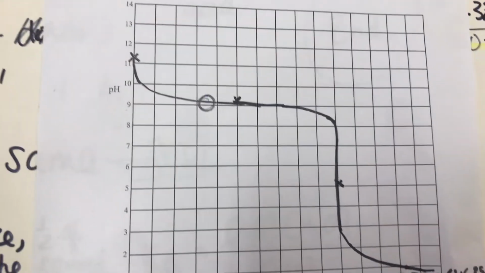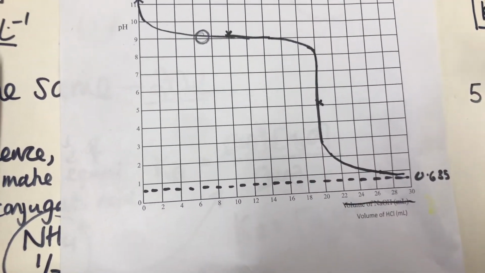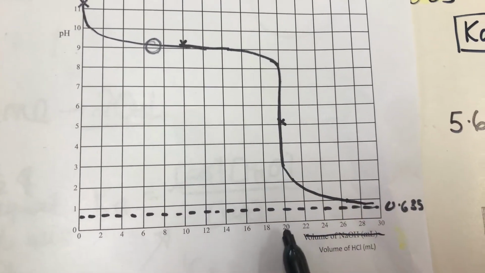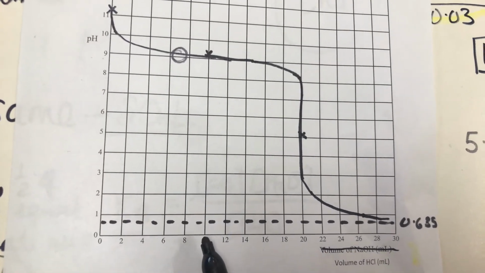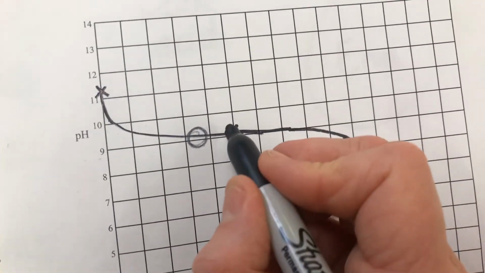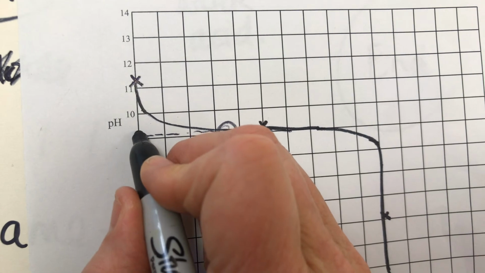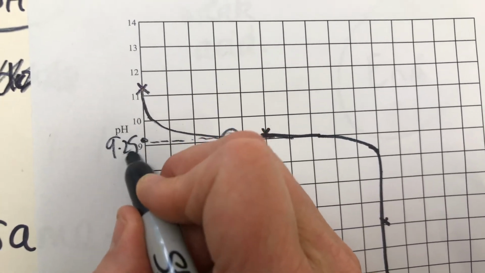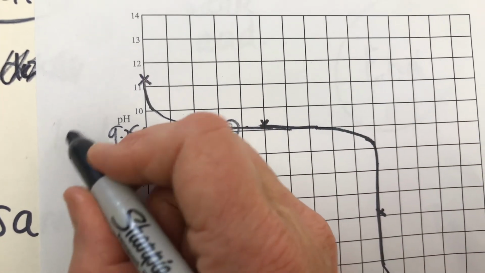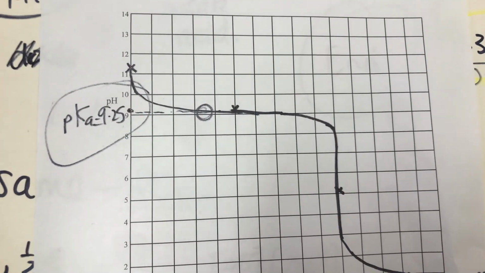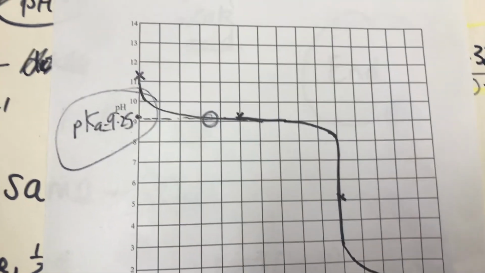So if I had a question where they did not give me a Ka, but they gave me a curve, I could find the equivalence volume, then halfway to the equivalence volume, and read off my curve, and that's 9.25, and that's my pKa. So I can read that off the curve.